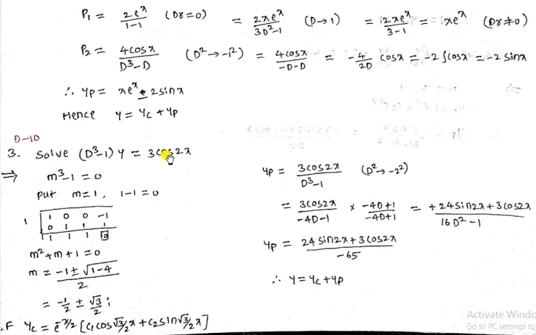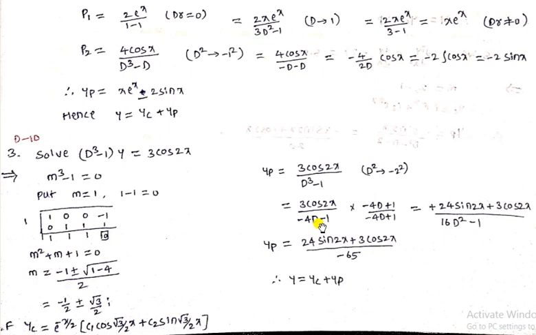Then yp is 3 cos 2x divided by (D cube minus 1). Here we will replace D square by the coefficient of x, that is minus 2 square. So minus 2 square is minus 4, into D minus 1. So the denominator is in the form of alpha D plus or minus beta.